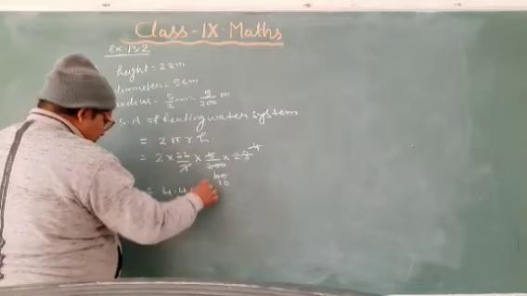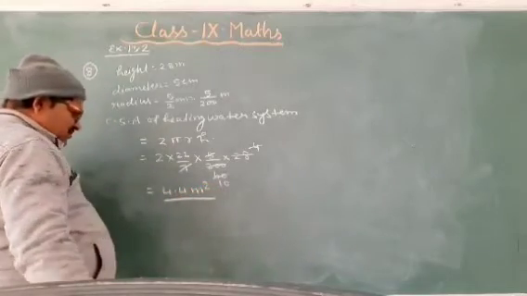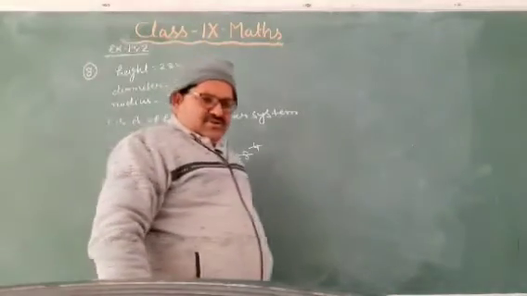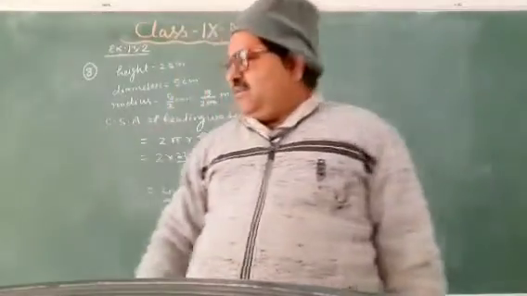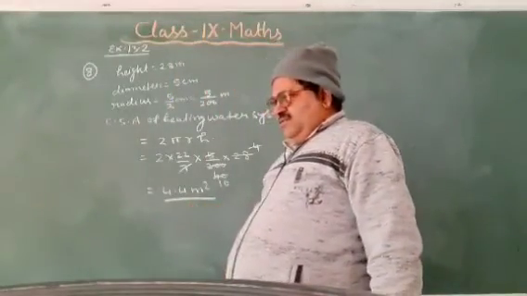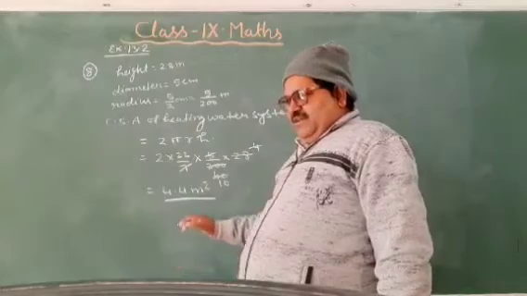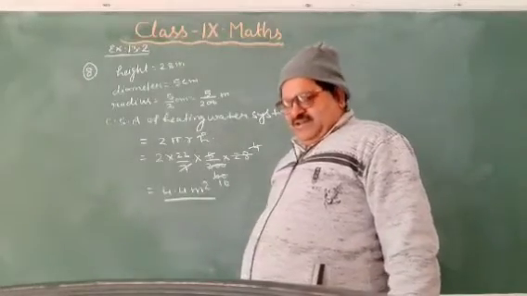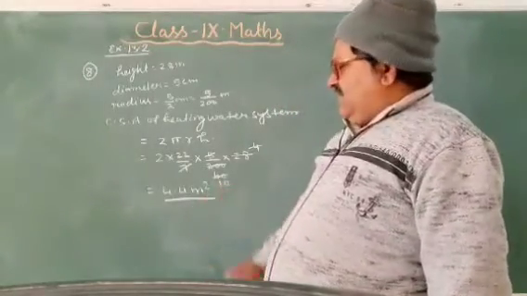So 4.4 meter square is the water radiating area of the water radiating system.